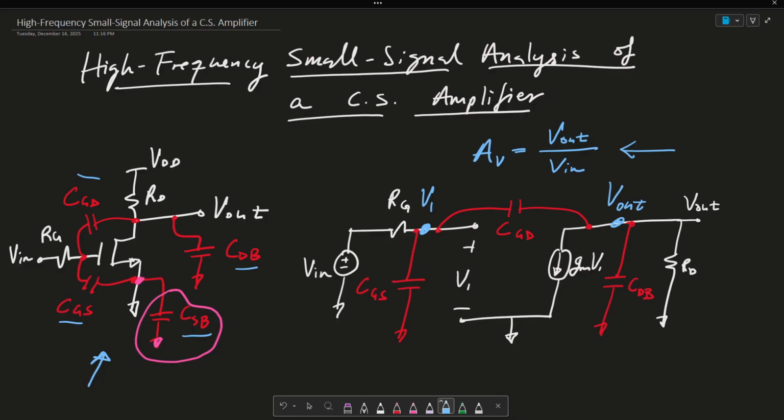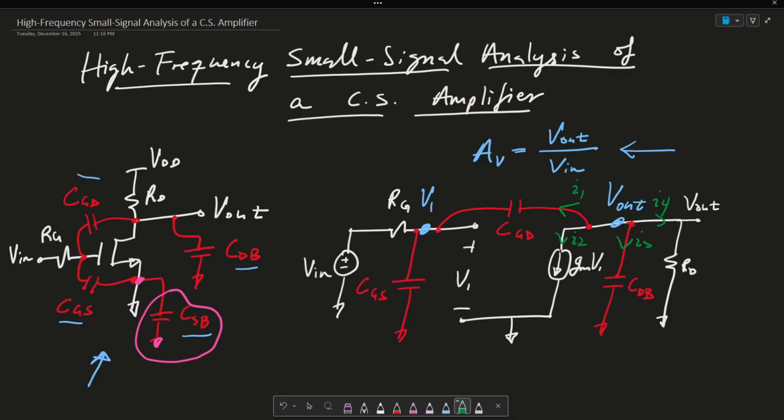Essentially, I'm going to use KCL at both of these nodes, where KCL is the fundamental to nodal analysis. So you can either use nodal analysis or KCL. At Vout, I have currents leaving the node. Call these I1, I2, I3, and I4.